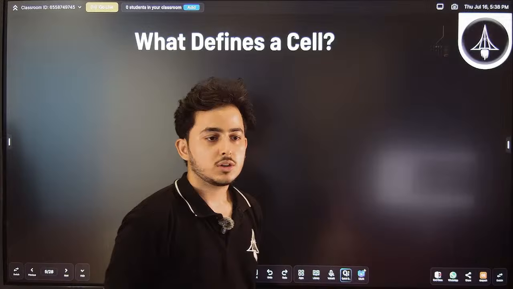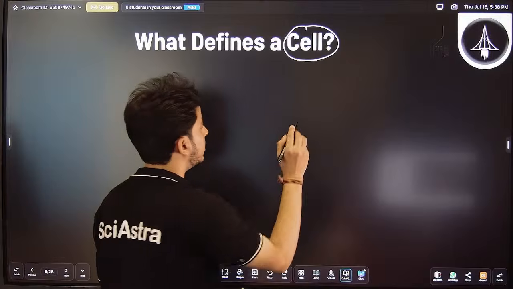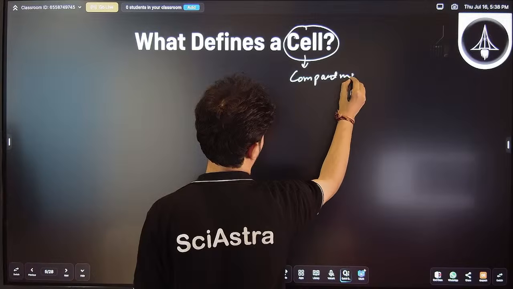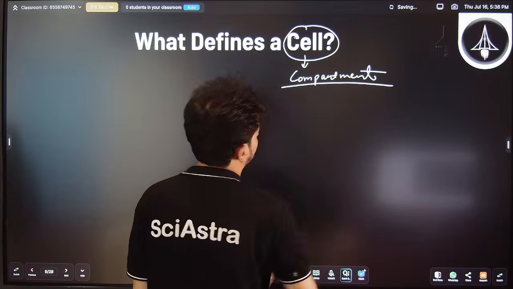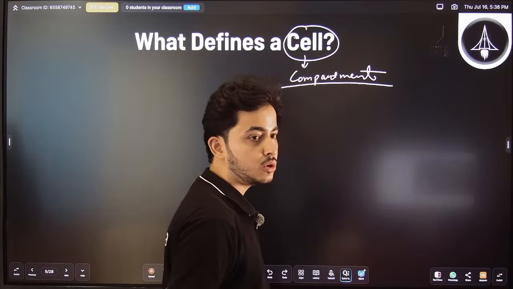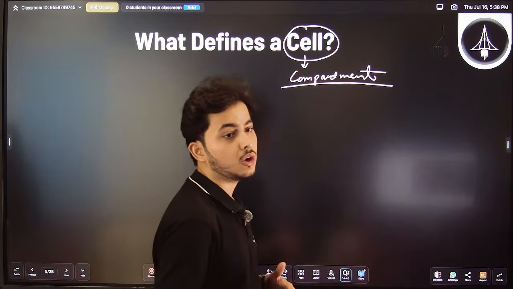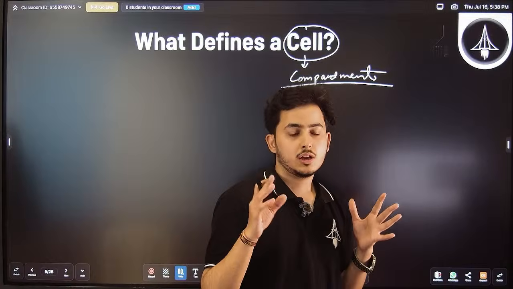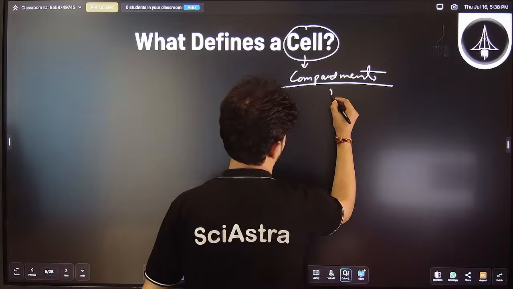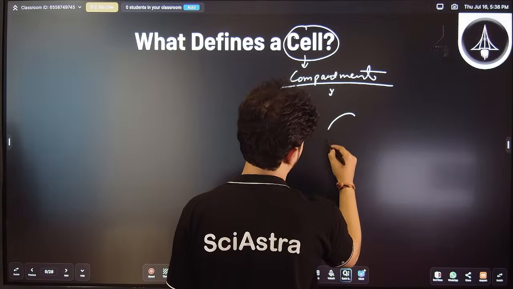Okay. So if you understand in layman terms, a cell is nothing but a compartment, and it is the compartment that was required for life to sustain. Why am I saying so? During the course of evolution, for life to sustain you require a compartment which separates.